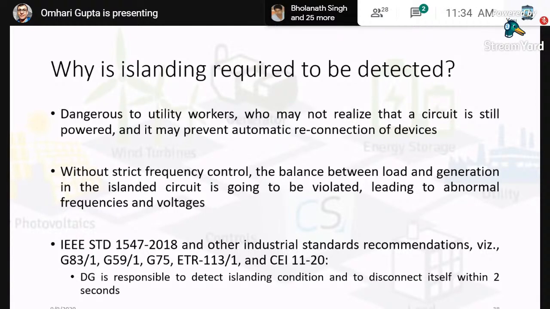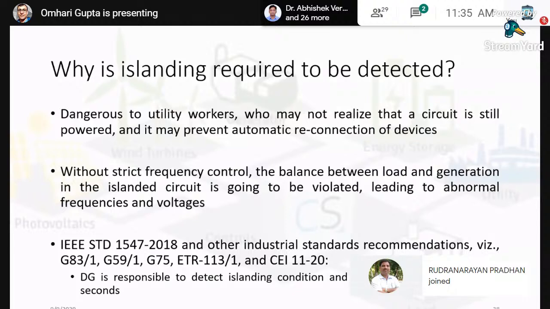As per the standards, they recommend that the DG is responsible for detecting the islanding condition and it is to be disconnected within 2 seconds. That is the recommendation from these standards: you first detect the islanding and immediately, within 2 seconds, you disconnect yourself.